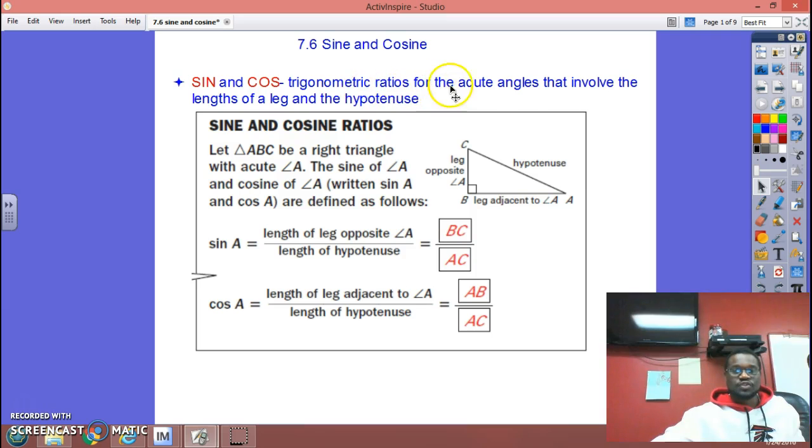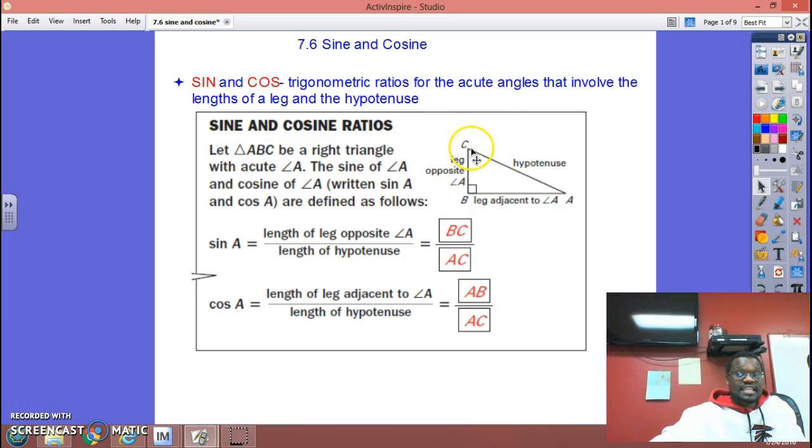Trigonometric ratios for the acute angles involve the lengths of the legs and the hypotenuse. That's basically saying the legs and the hypotenuse, and C and A, your acute angles, is really what we're talking about. So what do we really need to know? Well, the sine is the opposite over the hypotenuse, depending on which angle you're talking about. Sine of A is this side over the hypotenuse.